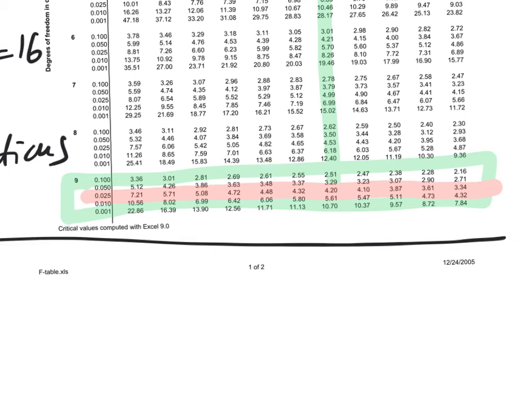So the number 16 has to be between some of these values, and you can see clearly that it has to be somewhere here. So this will be F star. And as you can see, if the value was in here, remember we have done this before, you pick something between these two. That's what you did with the t-table.